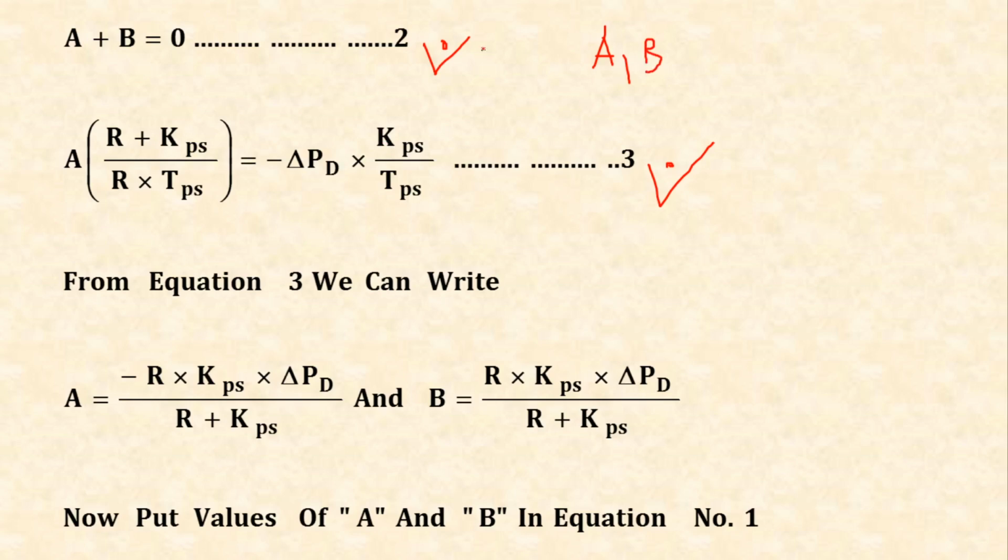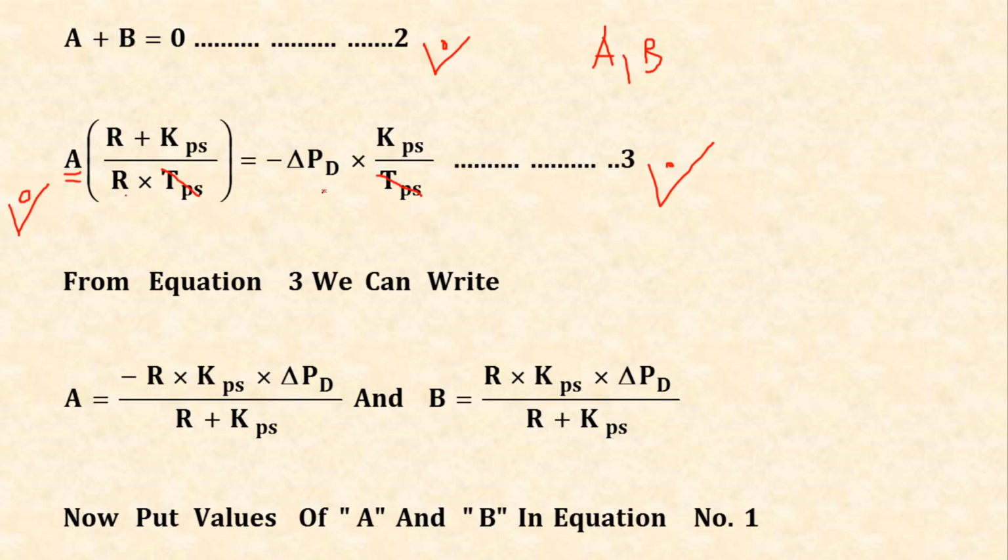So here from equation 3 we can directly find out the value of A, and that is equal to minus r into Kps into delta PD upon r plus Kps. So how will this value come? You can see over here that this Tps will be cancelled out with this Tps. So I want to find out A. So I will keep only A on the left hand side, remaining terms on the right hand side.